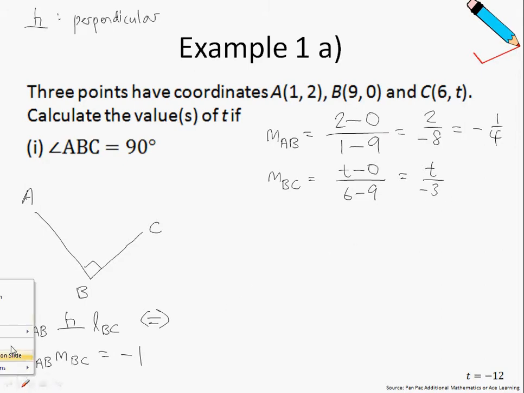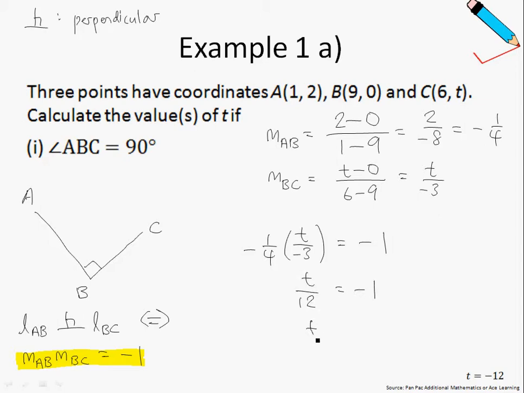Next I'll make use of this relationship, where the gradient of AB times the gradient of BC gives me -1. So the gradient of AB is -1/4 times the gradient of BC, which is t over -3, should give me -1. Solving this gives t over 12 equals -1, and therefore t is -12.